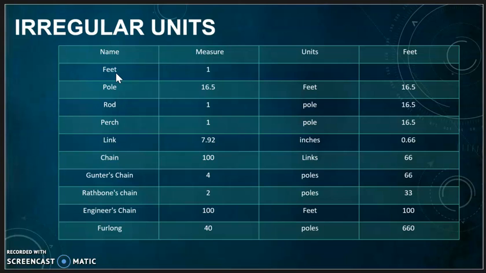So we can see here we have feet and how they're measured, and then units and how many feet those irregular units are going to be. We have that normal unit of feet right here. A pole is going to be 16 and a half feet, and then a chain is 66 feet, and so forth and so on.